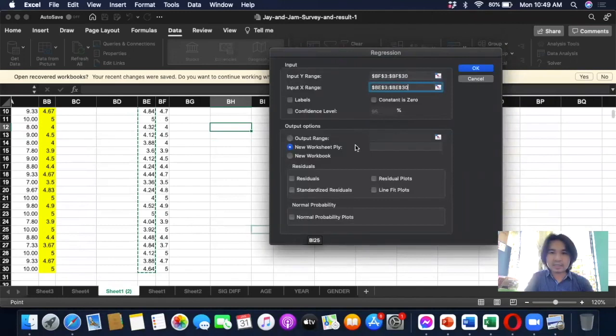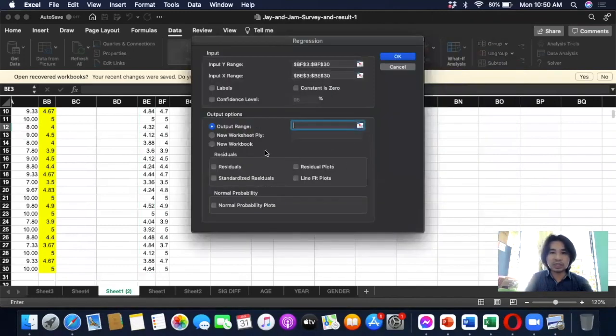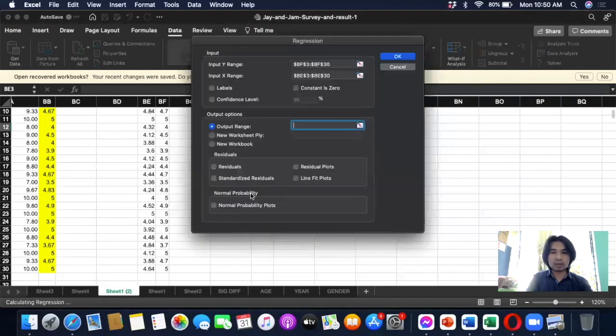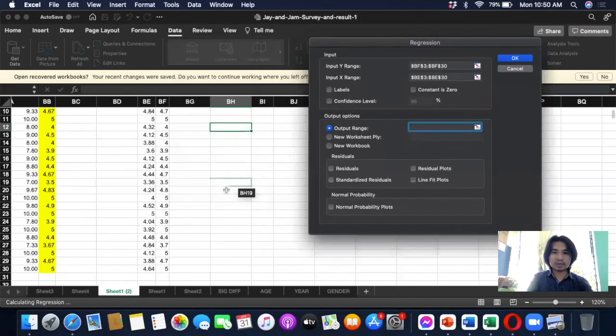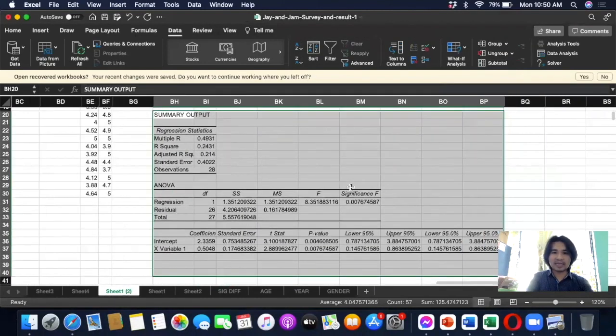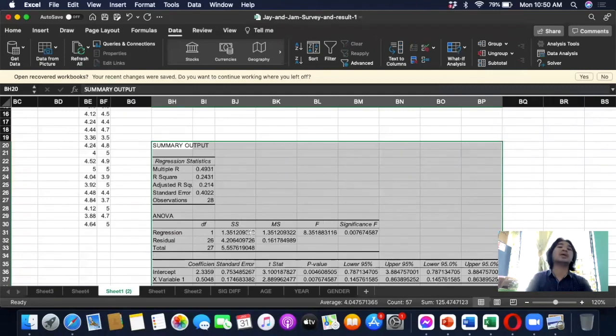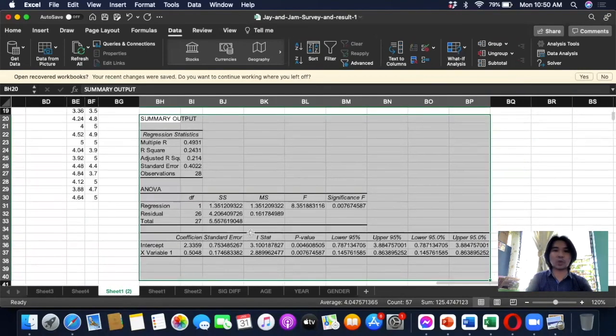Then output range only. Then press OK. Okay. So these are now the summary output of our regression analysis.